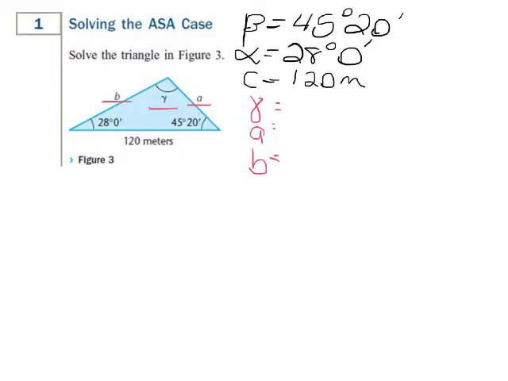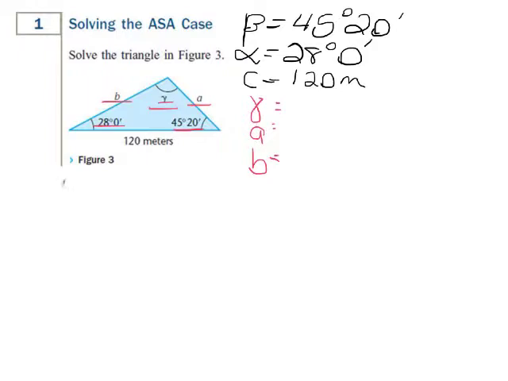Okay, first, we can get gamma very easily because if you think about it, the sum of the interior angles of a triangle is 180. So we just have to add all these together. The only thing is we have to change our minutes to DD, decimal degrees. So I've got to change 45 degrees and 20 minutes to just decimal.